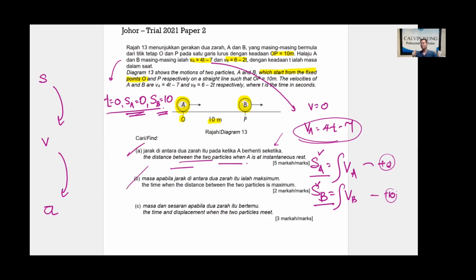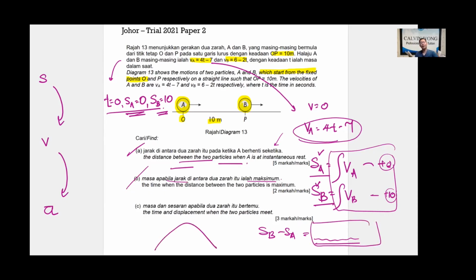And then the second one, masa apabila jaraknya adalah maksimum. Jaraknya ialah the difference, SB minus SA. When you combine this equation, you will have one variable here for jarak maximum. For maximum, you need to what? dy/dx it.